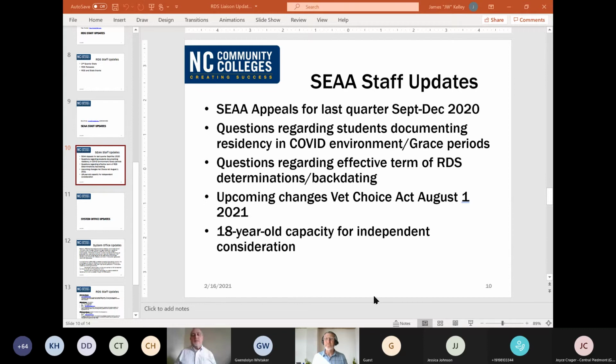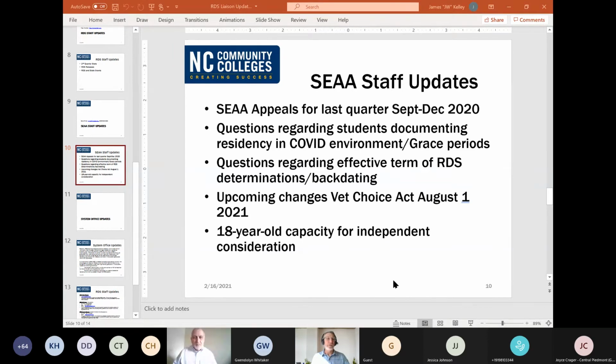So it's not possible for us to backdate, and there are many reasons why. For example, a student may have moved here, and the first time they came through it wasn't 12 months and now it is. They really wouldn't have met it if we backdated it. So we have to go by the date submitted, and at that point we pass on that date and it's your policies that determine the effective term.